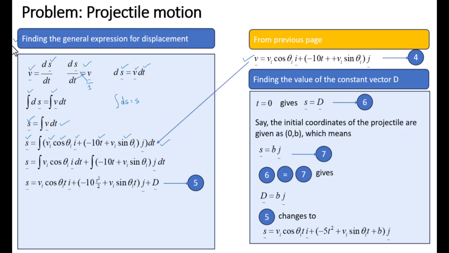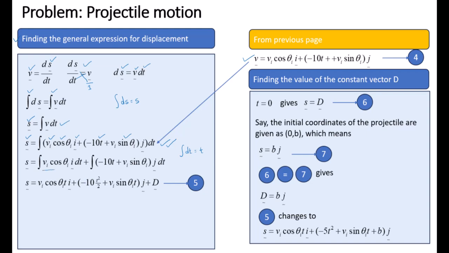So it's a time integral, that means we are integrating with respect to time. Now we need to find the integration of this expression, and again using the concept that integration of dt will be equal to t, I'm also going to rearrange the terms.